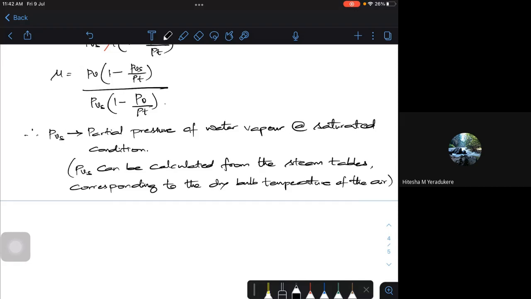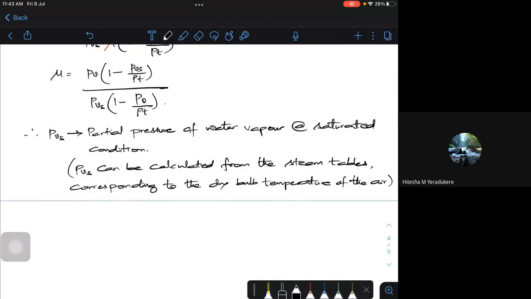So specific humidity. Now, there are certain things we have to be very careful about. See, relative humidity in comparison with your specific humidities. Whenever you are looking into any kind of air conditioning, comfort air conditioning, your relative humidity and specific humidity play a very, very important role, especially to be very precise in industrial air conditioning. If I look at the relative humidity, it signifies the absorption capacity of the air.